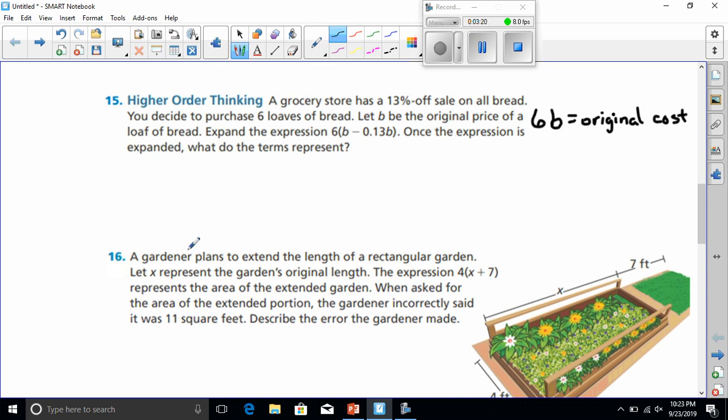Now we have to expand this expression. The expression is 6 times B minus 0.13 B. All right. Let's see. Well, first of all, 6 times B is going to give me 6B.